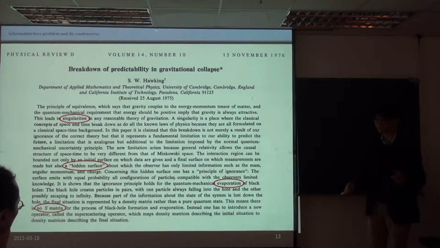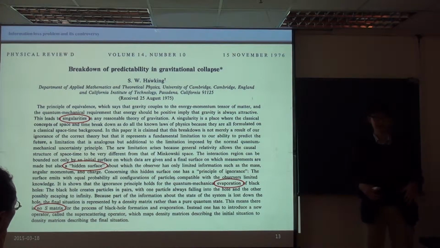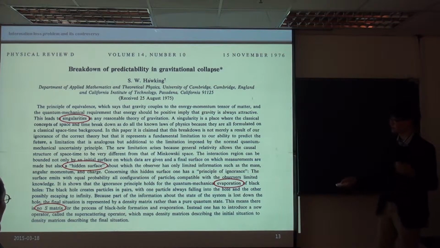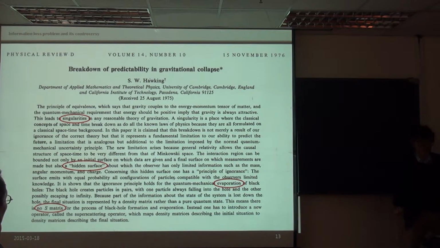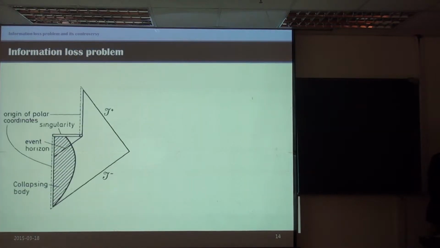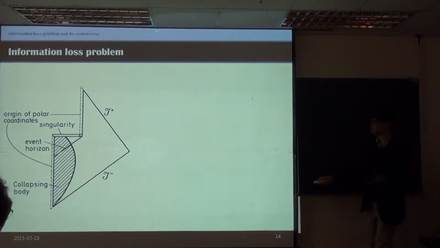If there is an S matrix, then we can predict something in terms of probability. But if there is no S matrix, then there is no way to predict after the formation and evaporation of the black hole. And this may mean that there is no quantum gravity. So this is the information loss problem, the famous paper of Hawking.